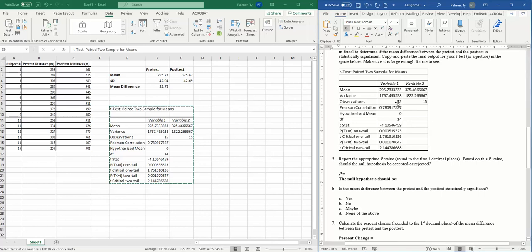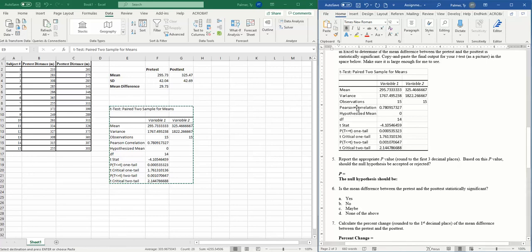That's the sample size for the pretest and the post-test. And the sample size typically is the same. When you run a dependent samples t-test, the number of subjects you test in the pretest is the same number you test in the post-test. And in this case, it was 15.